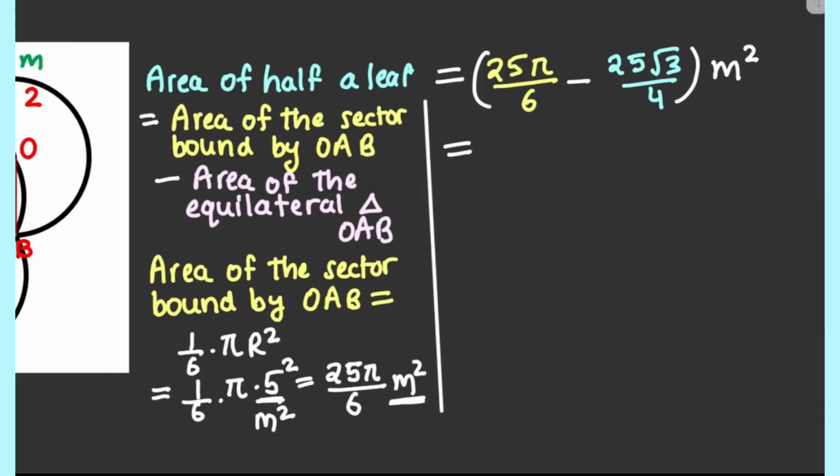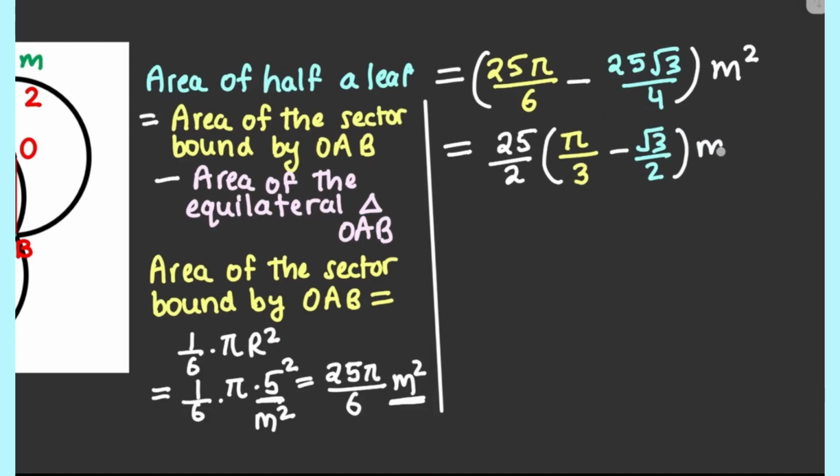Now what we can do is we can factor out this 25 from the numerator, and from the denominator we can factor out 2. Let's go ahead and do that. 25 over 2. Inside the parentheses we are left with pi divided by 3 minus square root of 3 divided by 2.